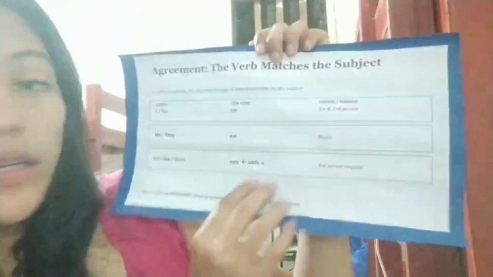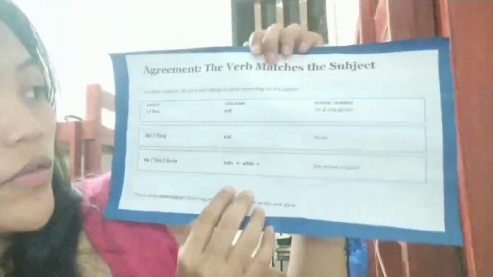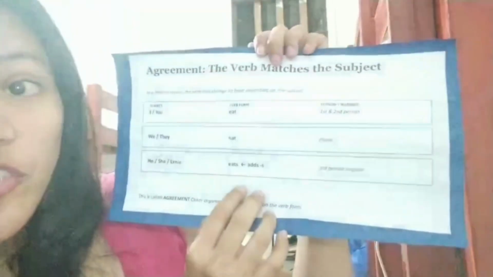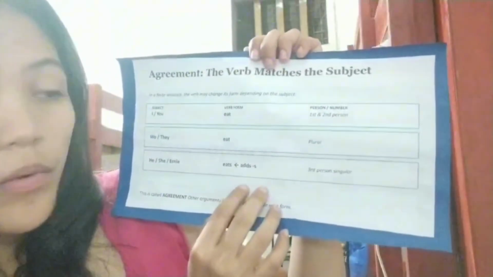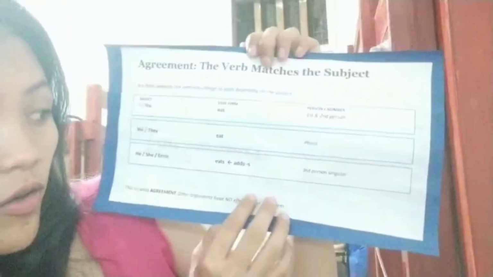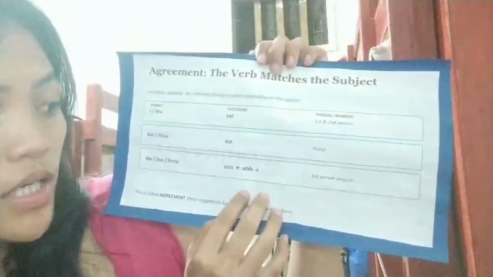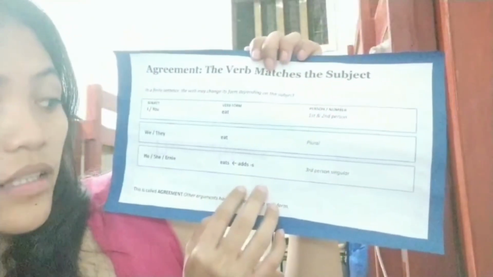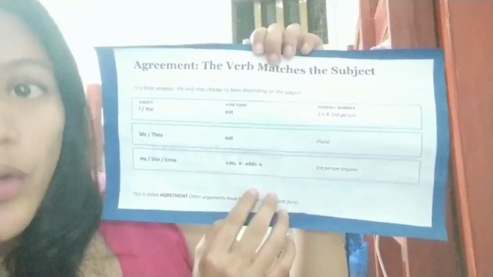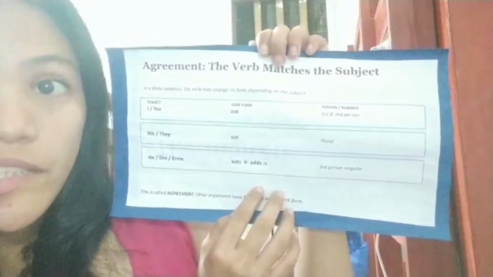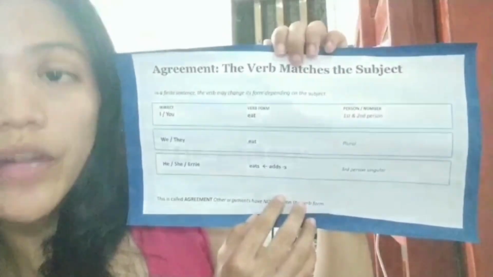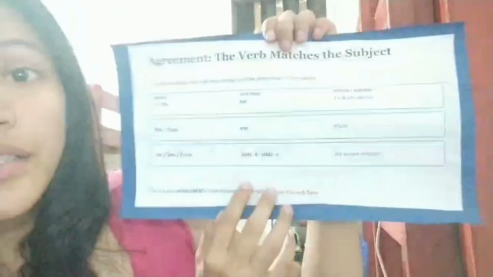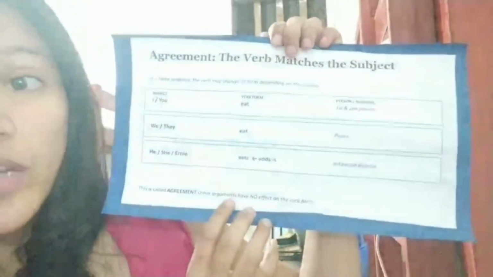For the example here, the verb form changes when the person or the number is third person singular, like Ernie eats an apple. We cannot say Ernie eat an apple because it doesn't match the subject and the verb form. That is called agreement.